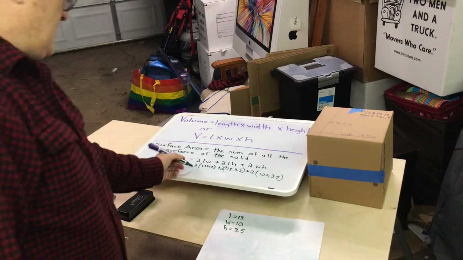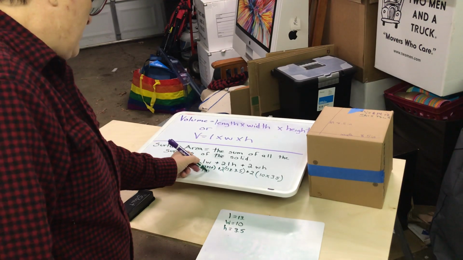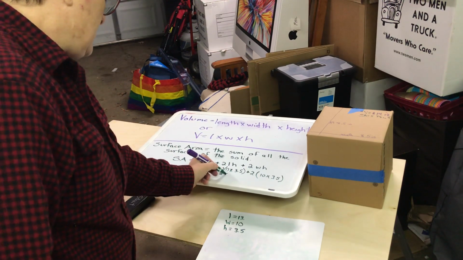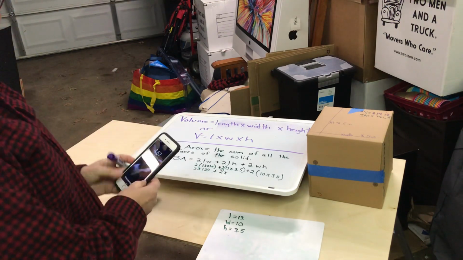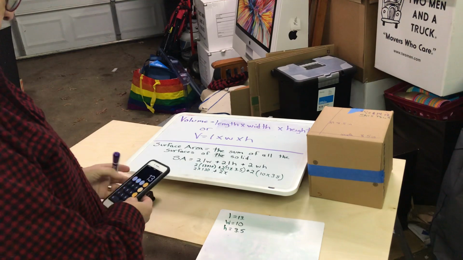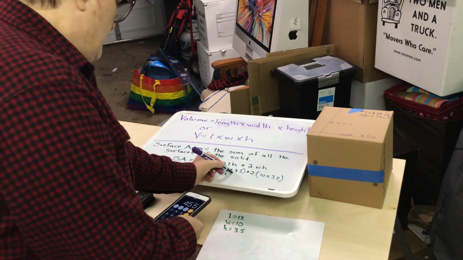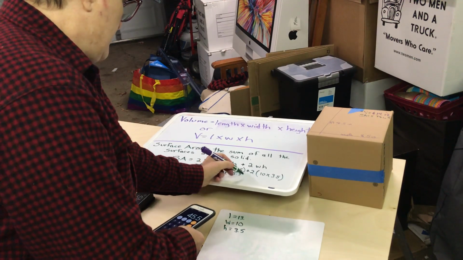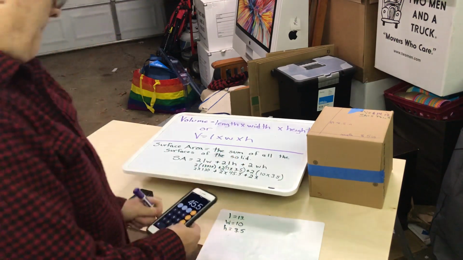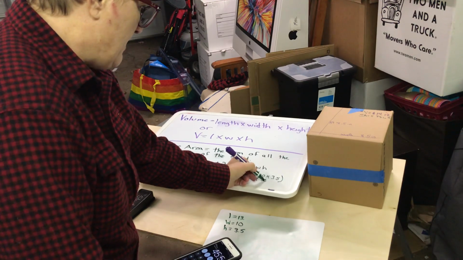And when you figure that out, it becomes 2 times 130 plus 2 times 13 times 3.5. 13 times 3.5 equals 45.5, plus 2 times 10 times 3.5, which is 35.